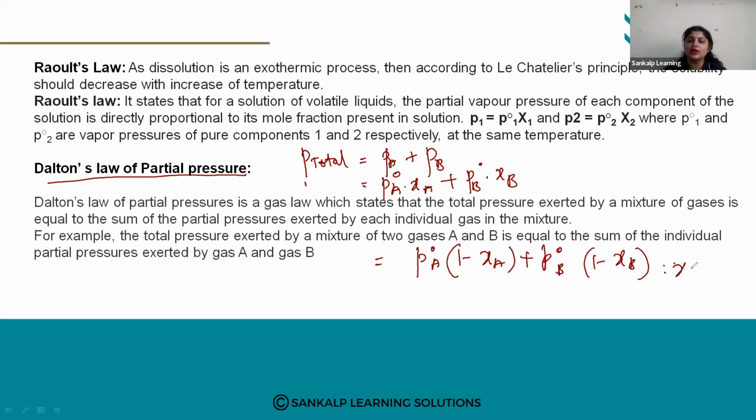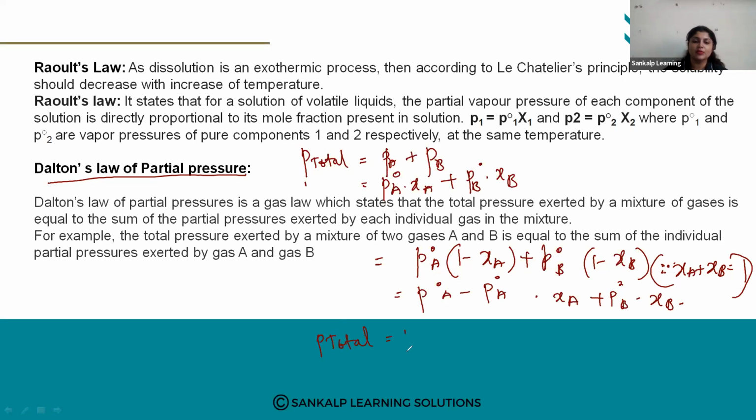Since the sum of all mole fractions will be equal to 1, it will be P naught A minus P naught A into XA plus P naught B into XB.